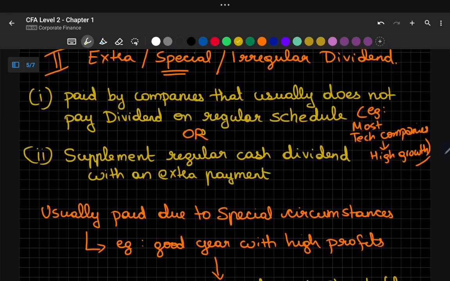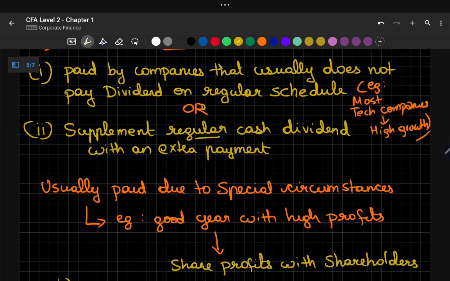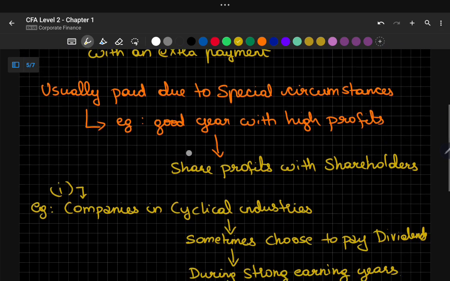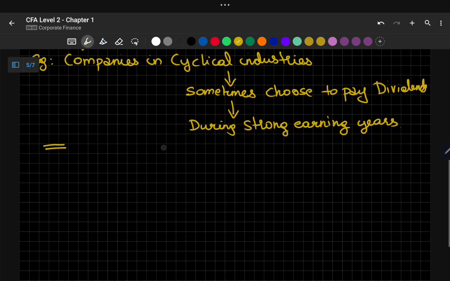Companies that pay regular dividends may supplement it with extra dividends to share profits with the shareholders during an incredible year, etc. Okay, now we can just have a recap of a formula, that is cash dividend payout ratio.